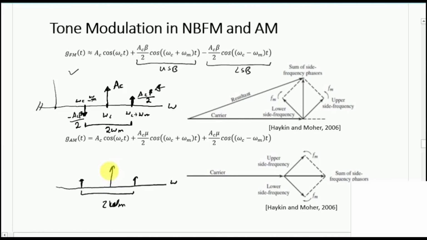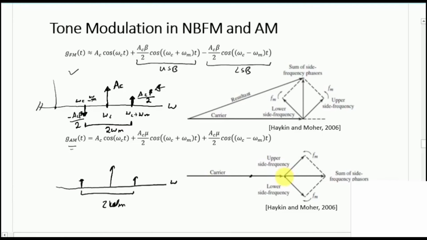I just want to reflect again on these two equations in terms of the phasor diagram. So coming back to the AM first before moving to FM, our reference phasor is the carrier signal. So that is basically represented by this vector.